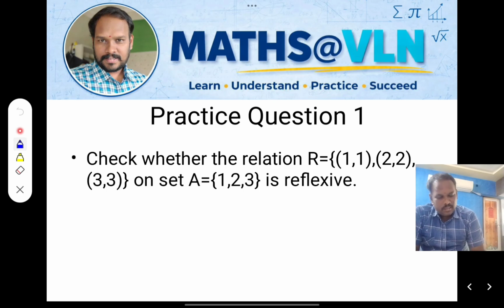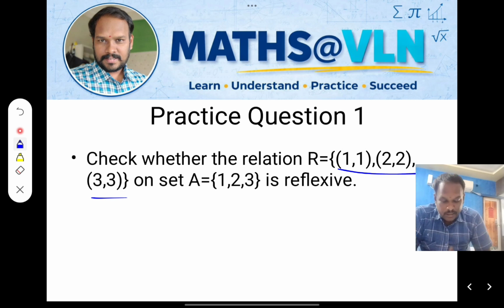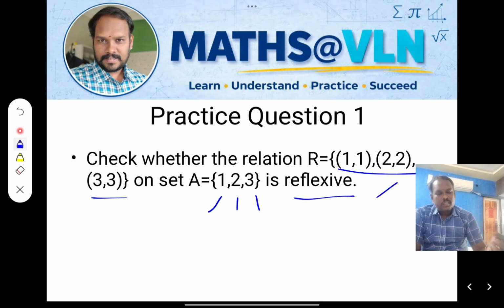Check whether the relation {(1,1), (2,2), (3,3)} on the set A {1, 2, 3} is reflexive. See, all the elements are there. (1,1) belongs to R, (2,2) belongs to R, (3,3) belongs to R. So it is reflexive.